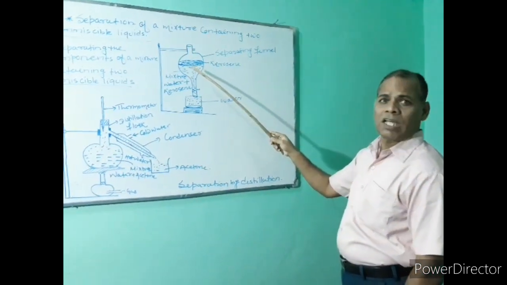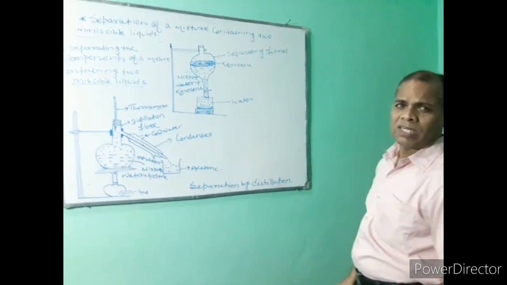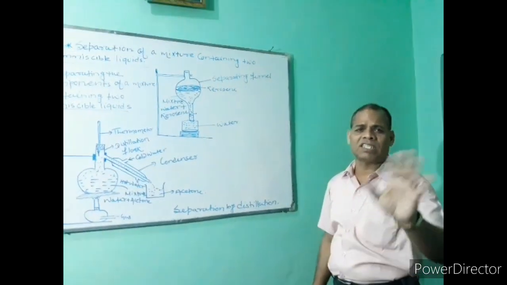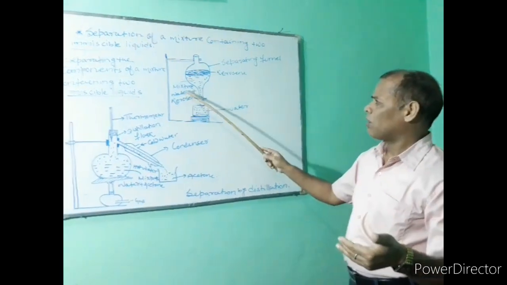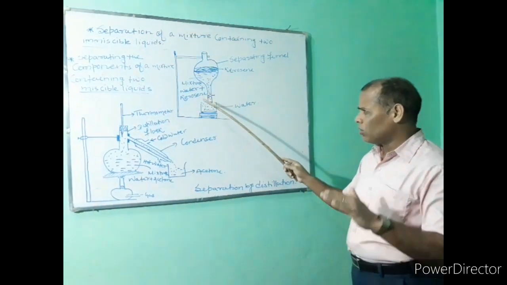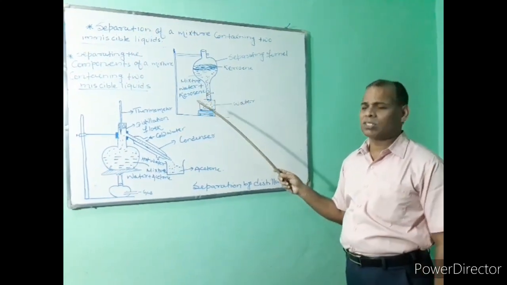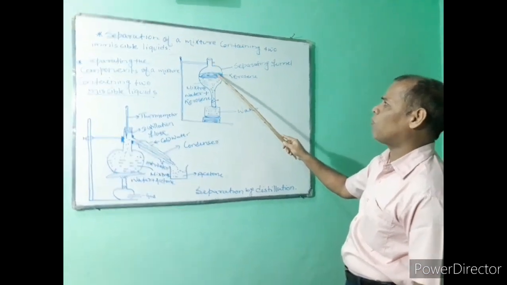Now if you give this a jerk, even after jerking it doesn't mix. These two, water and kerosene, do not mix. Now leave it undisturbed for some time, then you see that two different layers are formed.